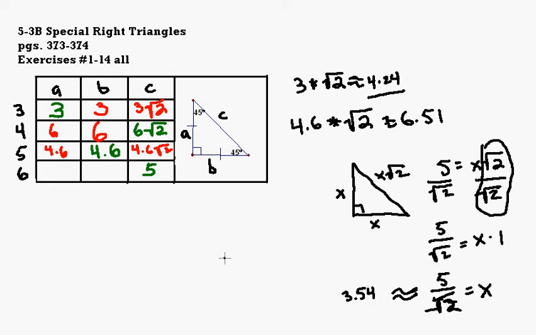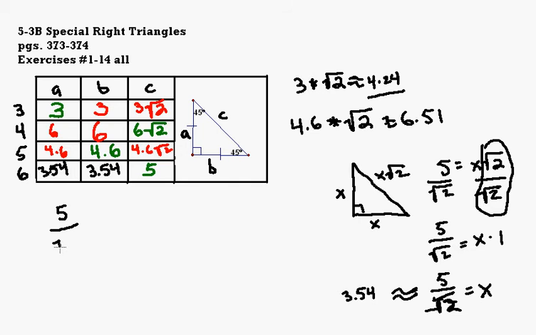Now, I told you in class that I would accept the decimal approximation for this, 3.54. I want to take this opportunity to tell you how to simplify a radical. A mathematical convention, a mathematical nicety, is that we do not leave square roots or other roots in the denominator of a fraction.